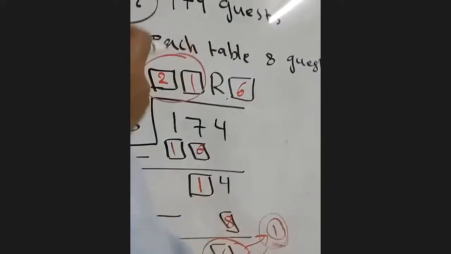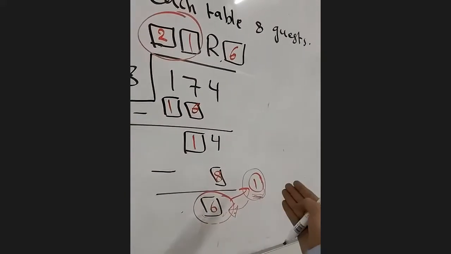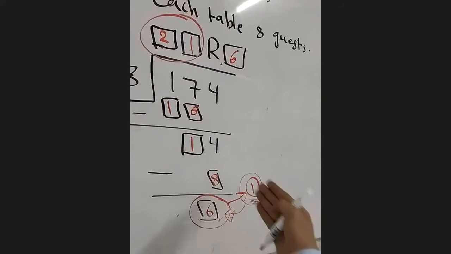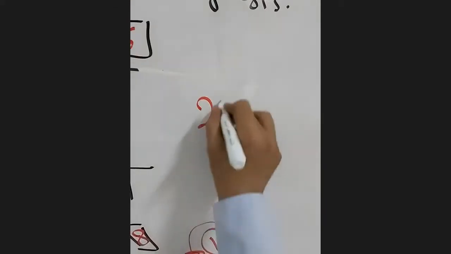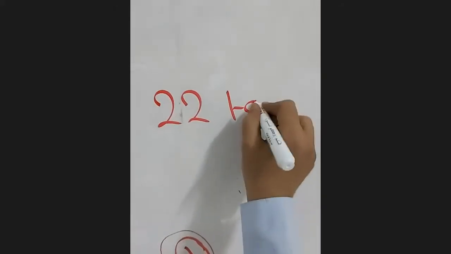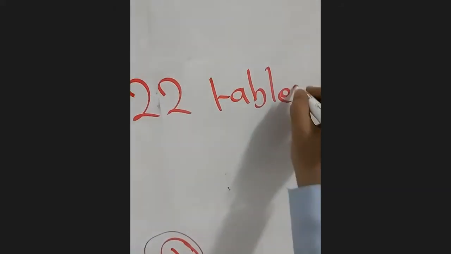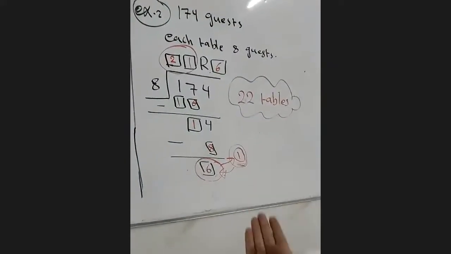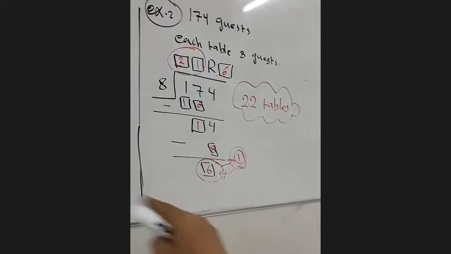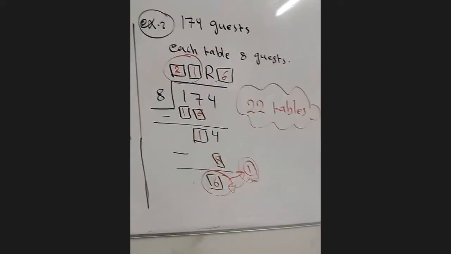We have 21 and 6 people. I brought another table for them. With the 21, together, 22 tables. Excellent, Muhannad. When we divide, we have 21 tables, but we need an extra table for them. So together, we have 22 tables.